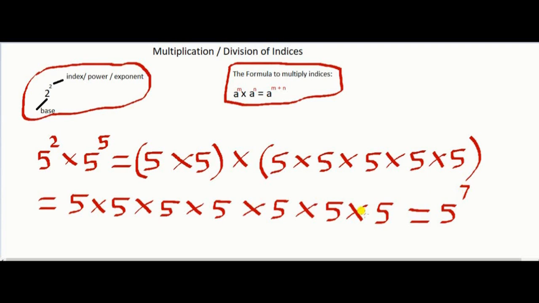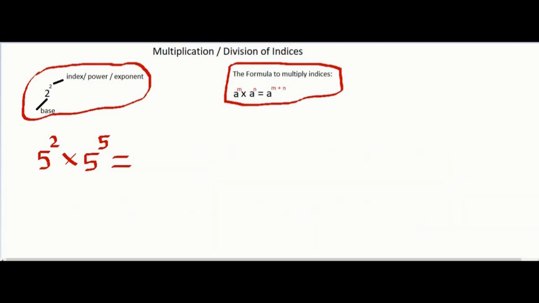Now I'm going to show you the simpler form. According to the formula, we should keep the base. When you get a problem like this, the base should be the same.